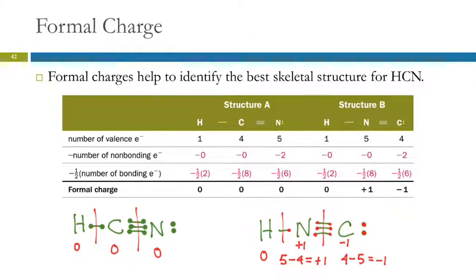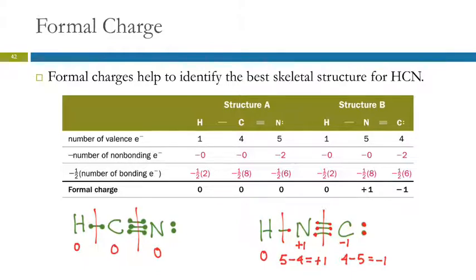Just cut the bonds in half to see what they leave with, and compare that to the number of valence electrons they had coming in. Sometimes they leave with more, sometimes they leave with less. Ideally, they would go away with the same thing that they brought in. Everybody would break even.